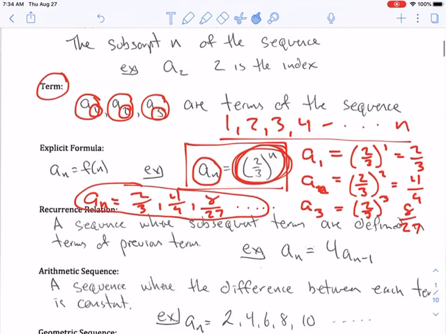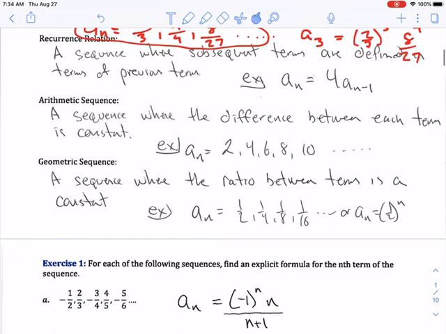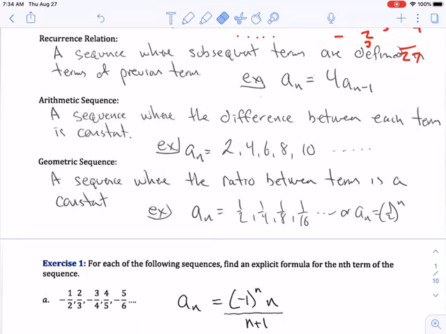A recurrence relation is a sequence where subsequent terms are defined in terms of the previous terms. So a sub n is any given term. A sub n minus 1 would be the term before it.